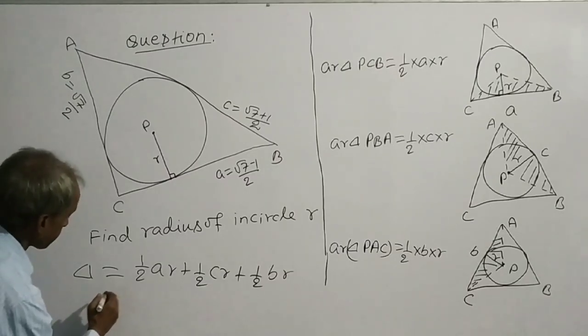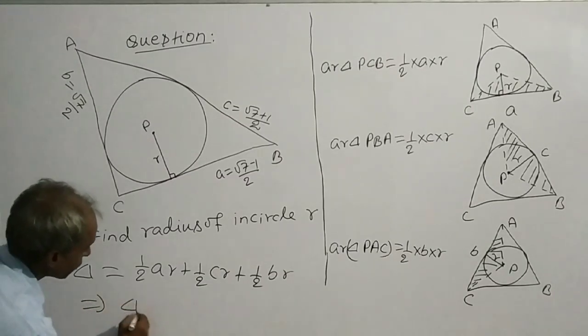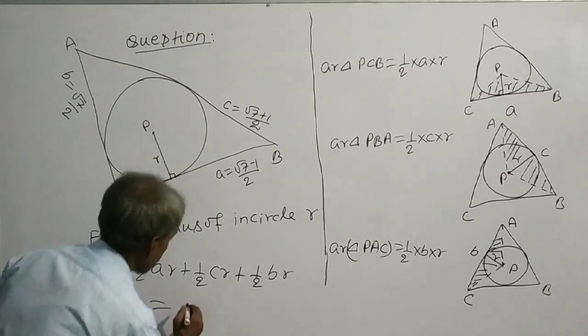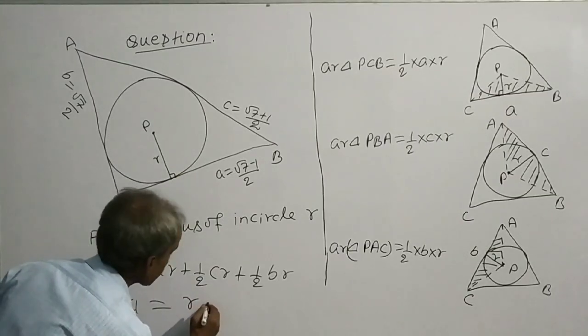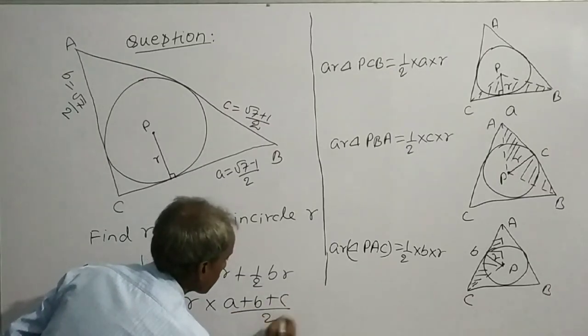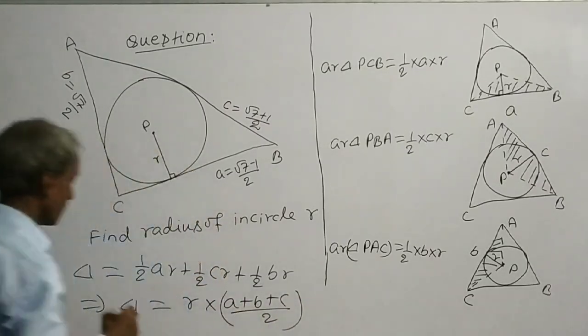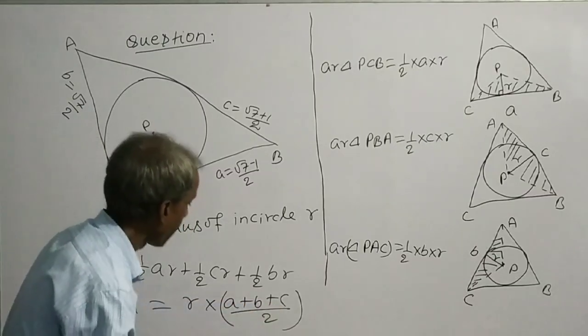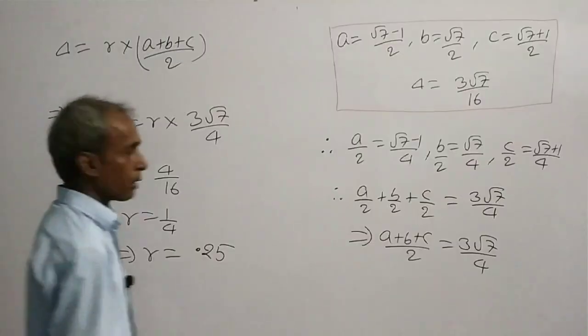This implies delta is equal to r times (a plus b plus c) by 2. Delta is equal to r times (a plus b plus c) by 2.